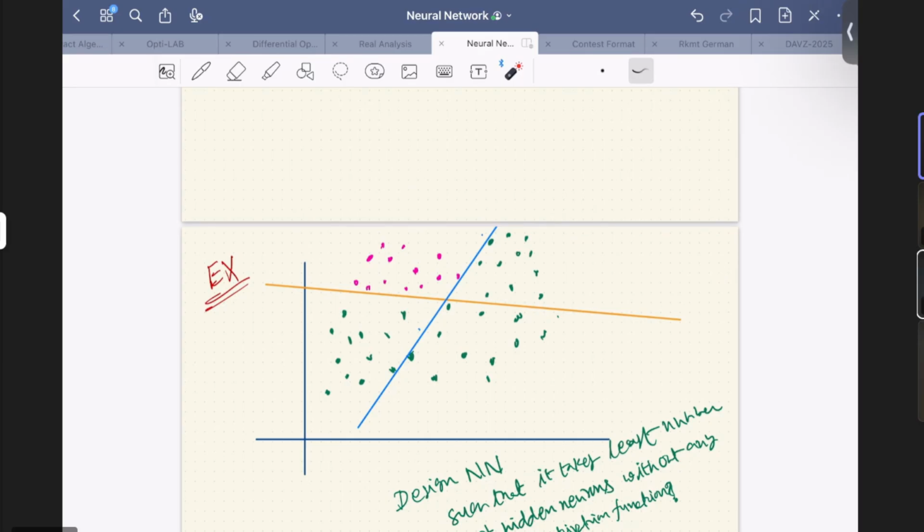Let's say you have two expressions for these equations. Let's say this one is w1x plus w2y plus b1. And this line equation would be, with two different weights, w3x plus w4y plus b2.